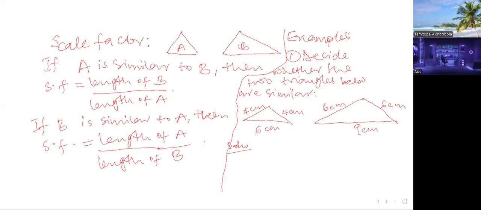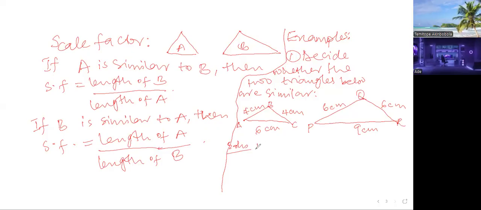Let's look at it from this perspective. Now, I would love to label this one as triangle ABC, and label the other one as triangle PQR.